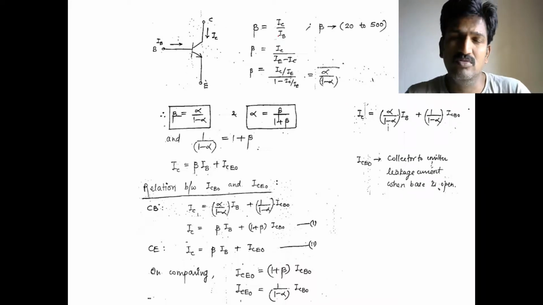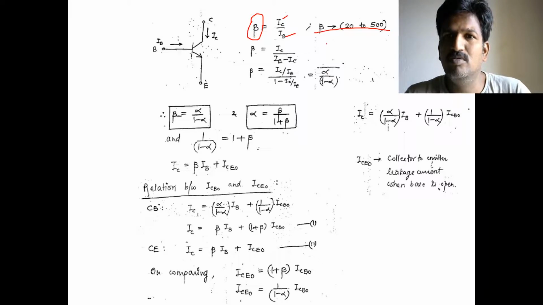And how do we know the current relationship between collector and base? Collector current is the output current, IB is the input current. Output current by input current is called beta for the CE configuration. This beta typically varies numerically from 20 to 500.